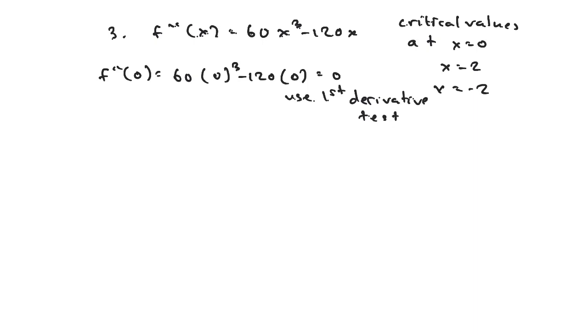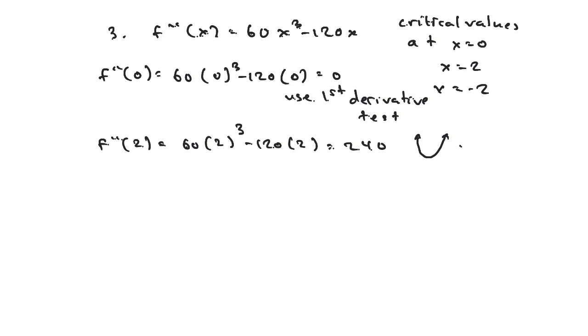Then f double prime of 2 is 60 times 2 cubed minus 120 times 2, and if you plug it in, that gives me 240. Since the second derivative is positive, the graph is concave up, which means we have a relative min around x equals 2.